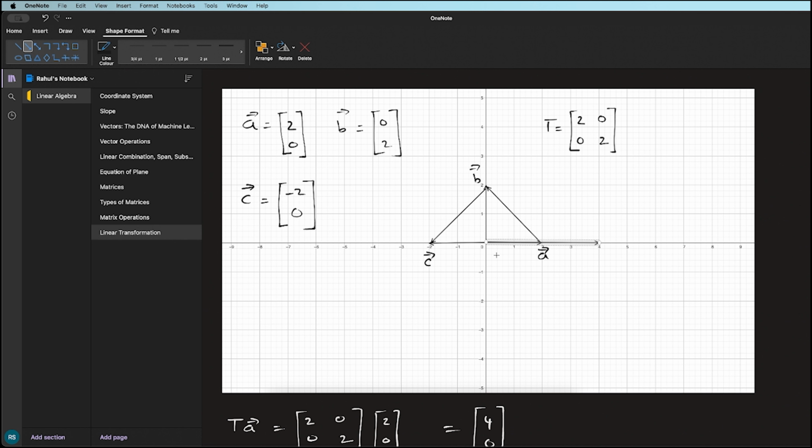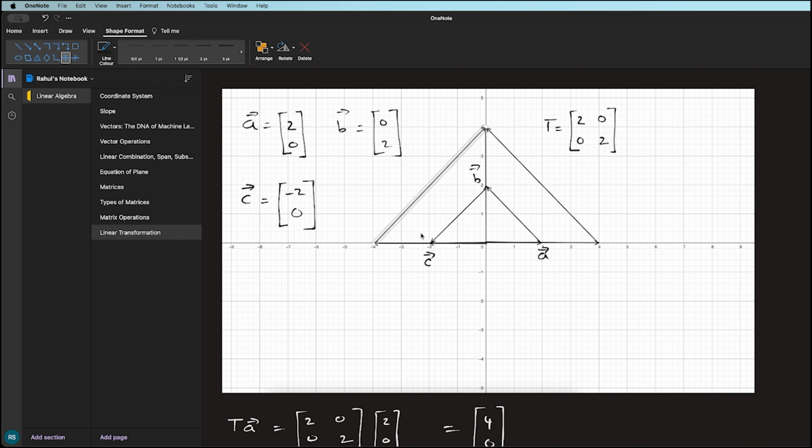Then similarly, the transformation of vector B is 0, 4, and the transformation of vector C is -4, 0. If I join these transformed vectors, it still forms a triangle, but it is a scaled version of the previous, original one.